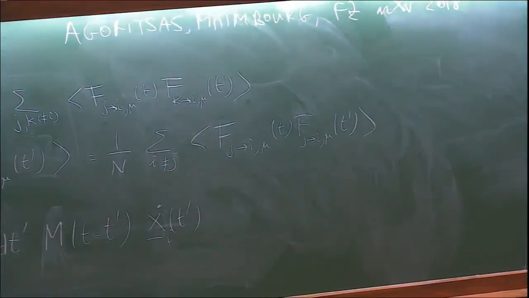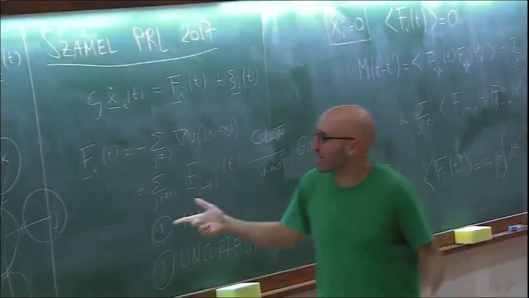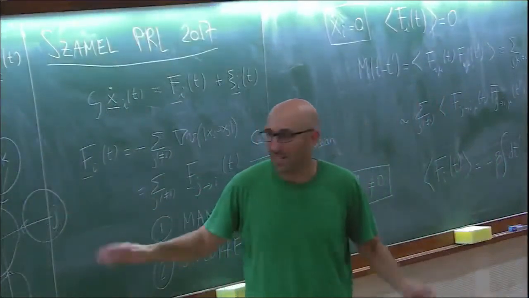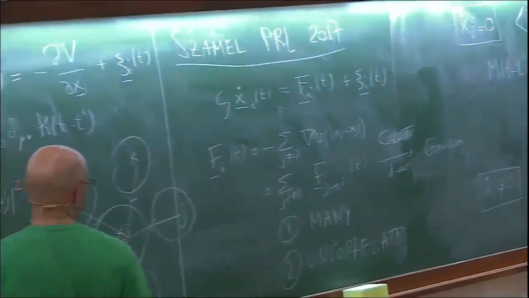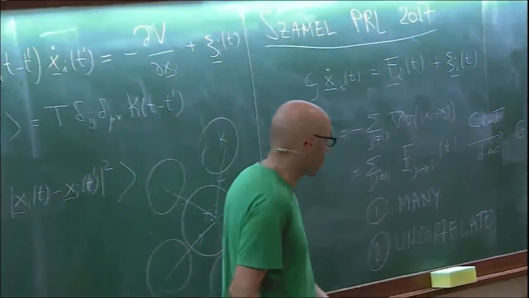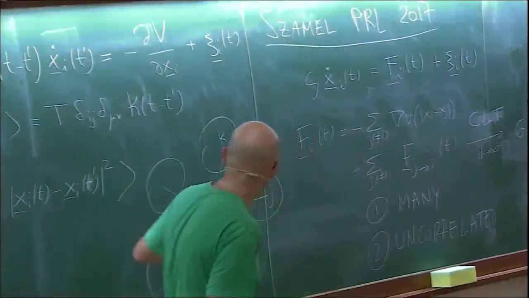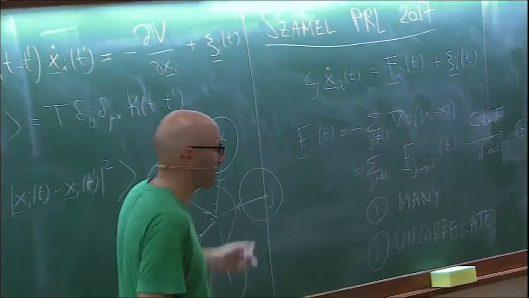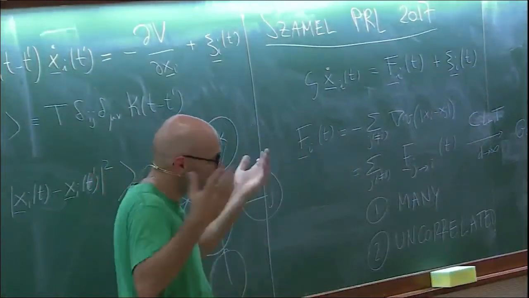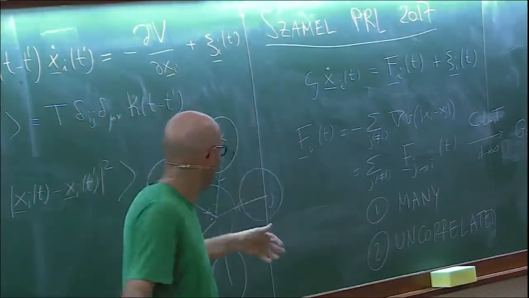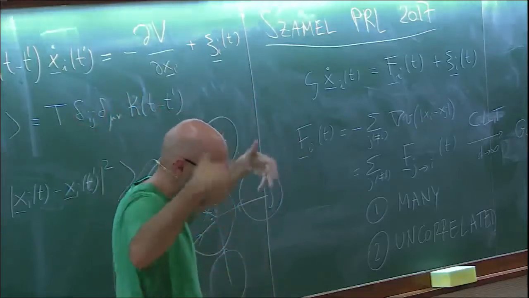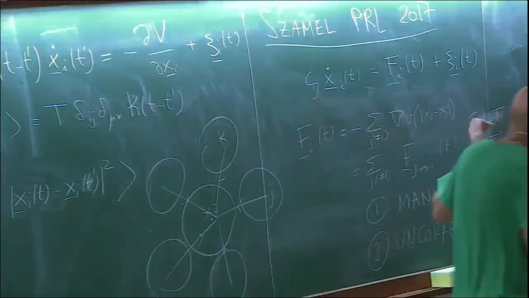So the small particles of the solvent that collide with it are essentially uncorrelated, and there are many. I used exactly the same two assumptions, except that my central particle has the same size as the others, but it's in infinite dimension. So in infinite dimension, there is a lot of space around it, and so there is space to put many particles and to have them uncorrelated.